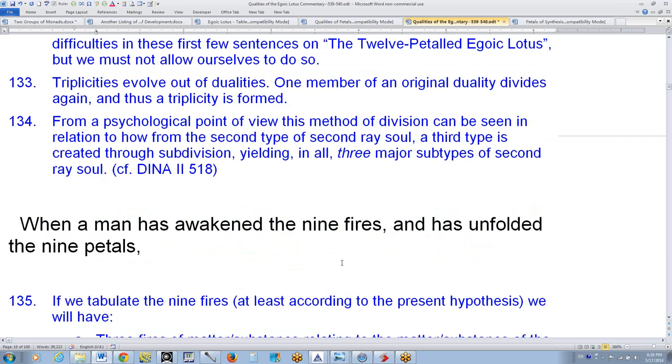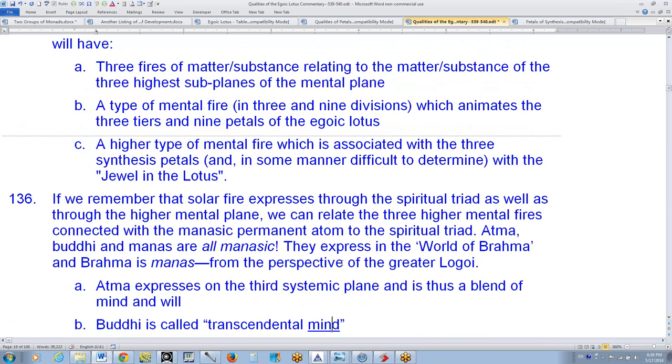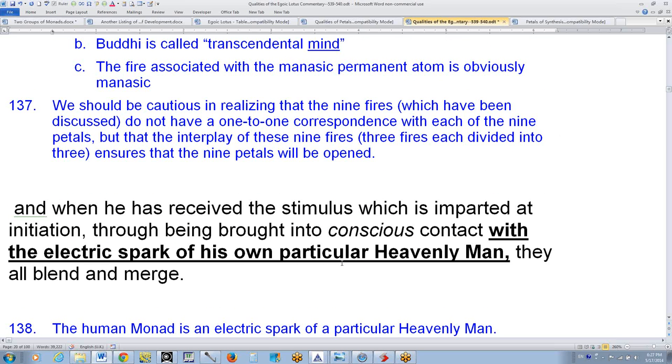So just reading over a little bit of what DK has said: when a man has awakened the 9 fires and has unfolded the 9 petals, and when he has received the stimulus which is imparted at initiation, through being brought into conscious contact with the electric spark of his own particular heavenly man, remember, his monad is that, and the jewel in the lotus is the extension of his own monad, so the electric spark of his own particular heavenly man will relate via his monad and via the jewel in the lotus.